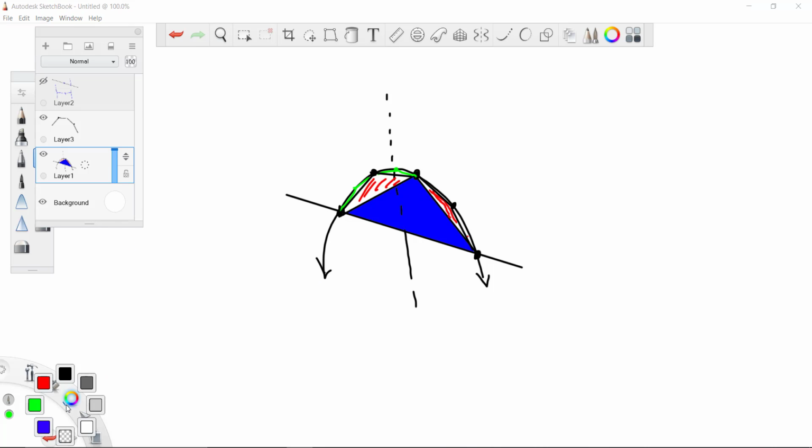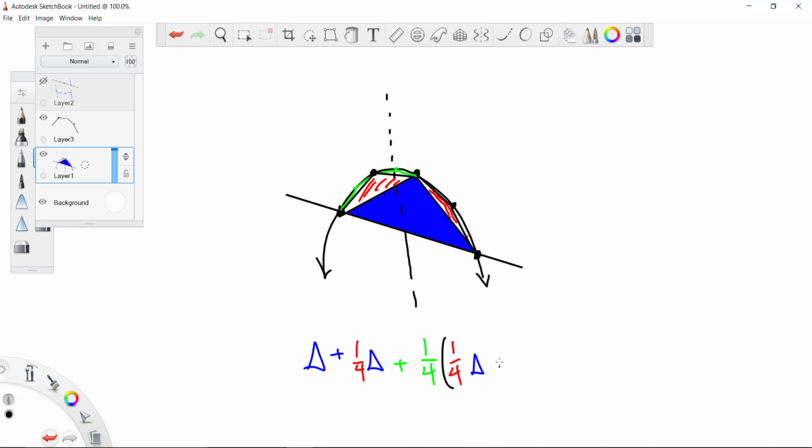So every time, the full area of this parabola could be represented by the area of the blue triangle plus 1/4 the area of the blue triangle, plus 1/4 of that area that we just got, which was 1/4 the area of the blue triangle, and so on forever.